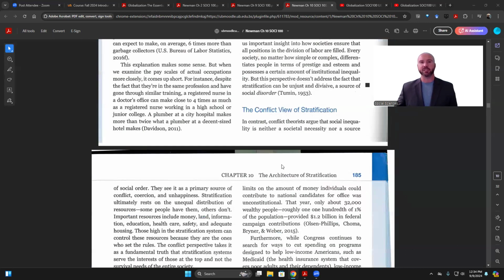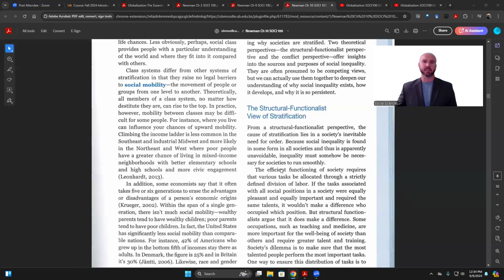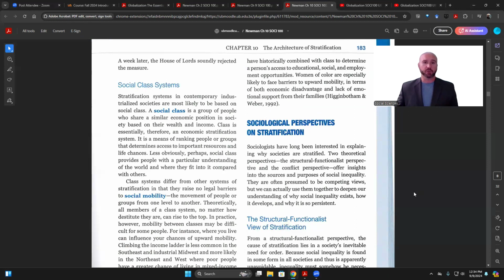So it's possible that he just doesn't want to indicate that there were any types of stratification in societies that implemented Marxian ideas. In terms of social class systems, one difference between them and caste and estate systems is this idea of social mobility, in which you can move up and down the class ranking system.